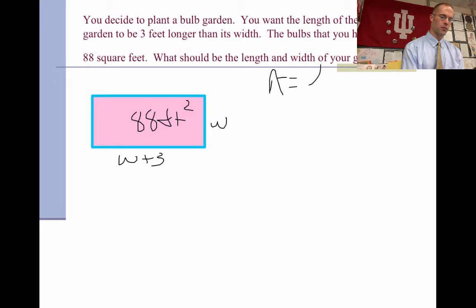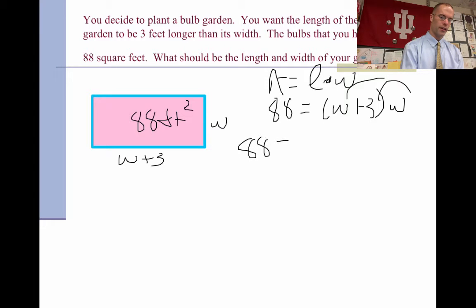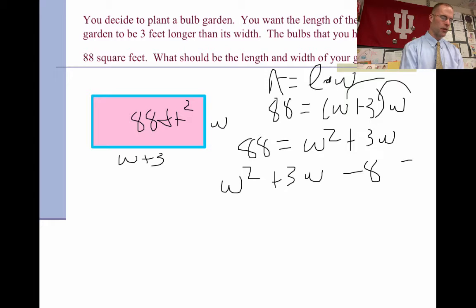So area equals length times width. So you've got 88 equals W plus 3 times W. So here we're going to distribute. So we got 88 equals W squared plus 3W. Subtract the 88. So we got W squared plus 3W minus 88 equals 0. Then we're going to factor this. So this is going to give me W plus 11 and W minus 8.